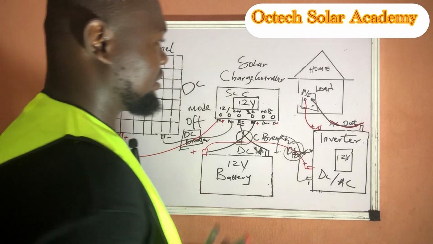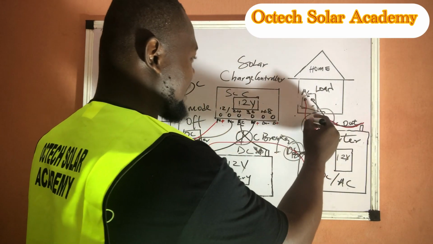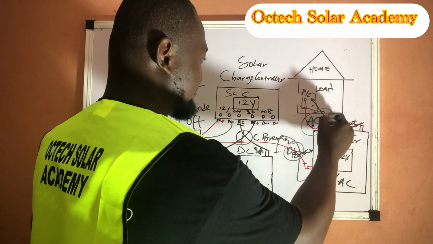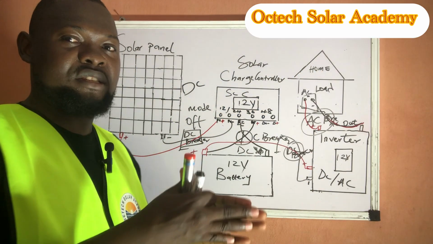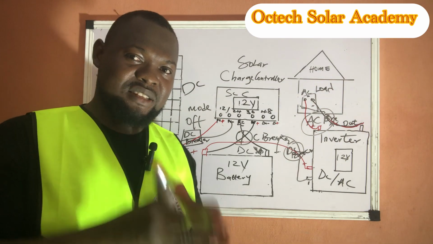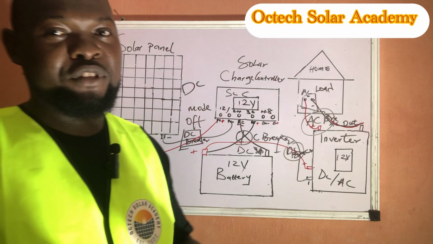Having done that, we can equally now introduce our AC breaker between this inverter and the load. That is how to connect your solar system at home. That is just the simple way.